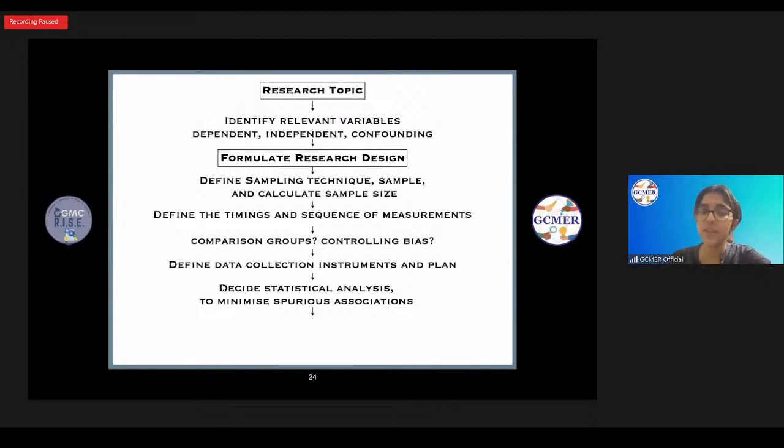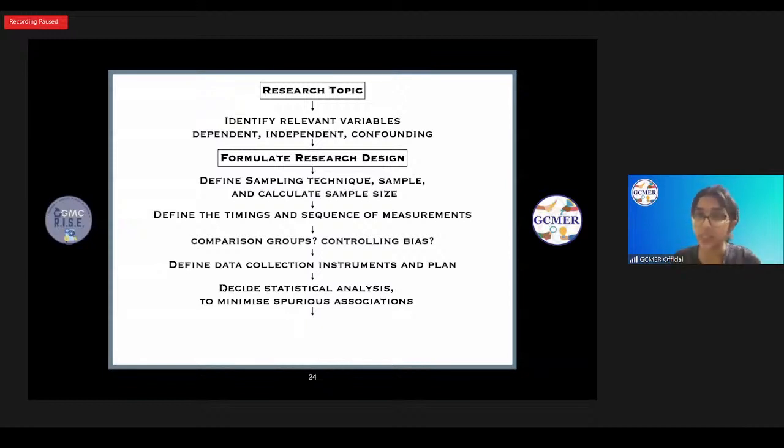For example, if I say that uncontrolled diabetes patients have lower BMI. Okay, that's the conclusion I came to because I measured everything and that's what I found out. But now, is this a spurious association or is this a causative association?